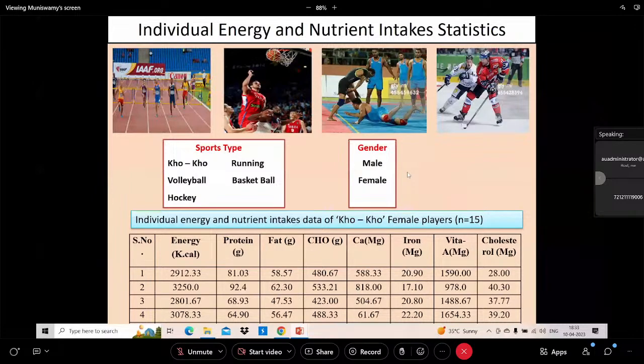Now you see this data. Visakhapatnam Cancer Hospital is there at MVP, and they collected data on the patients. This is second-hand smoke, active smokers.